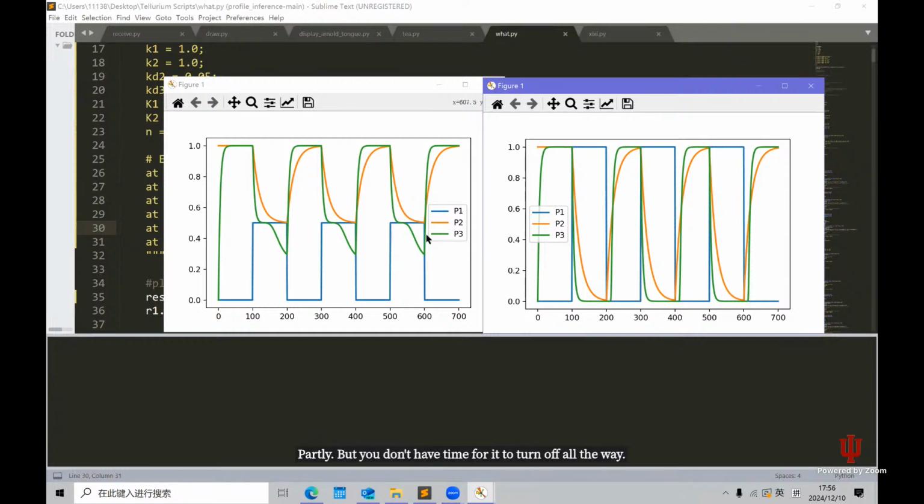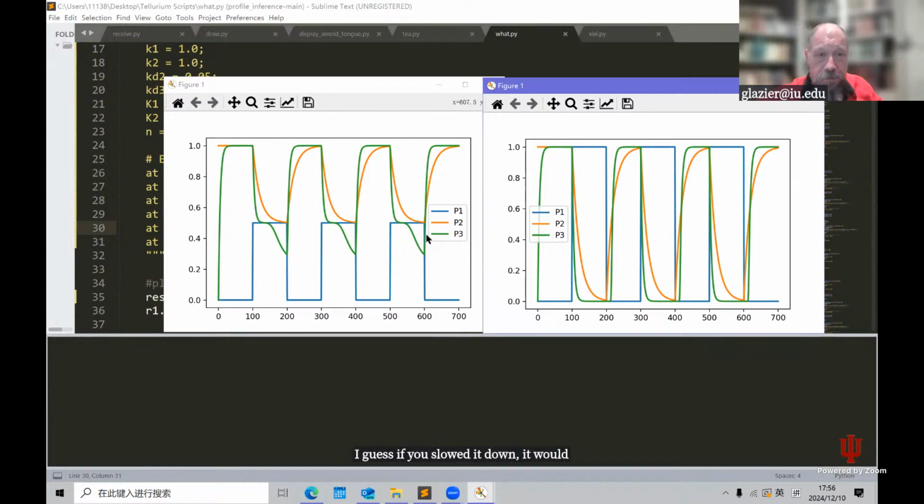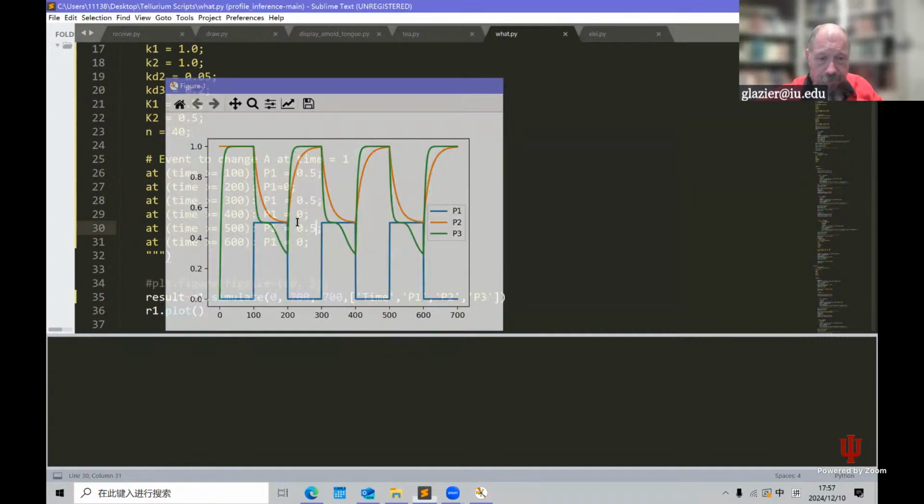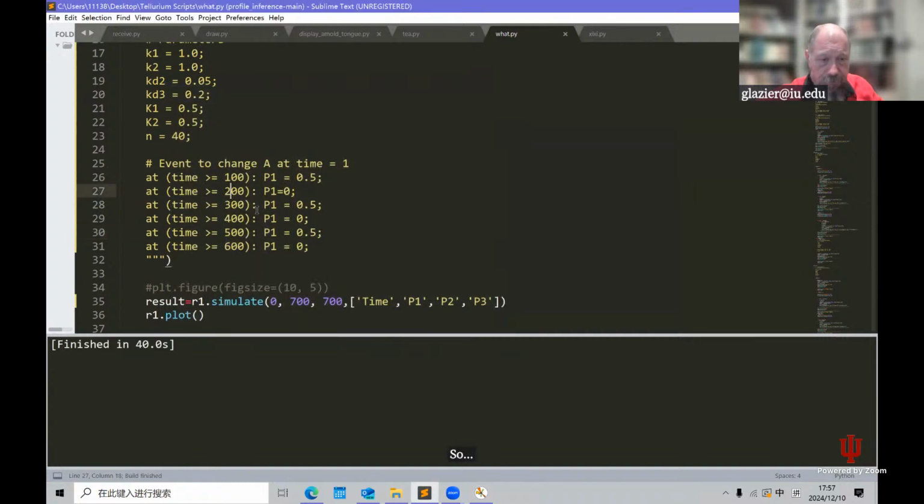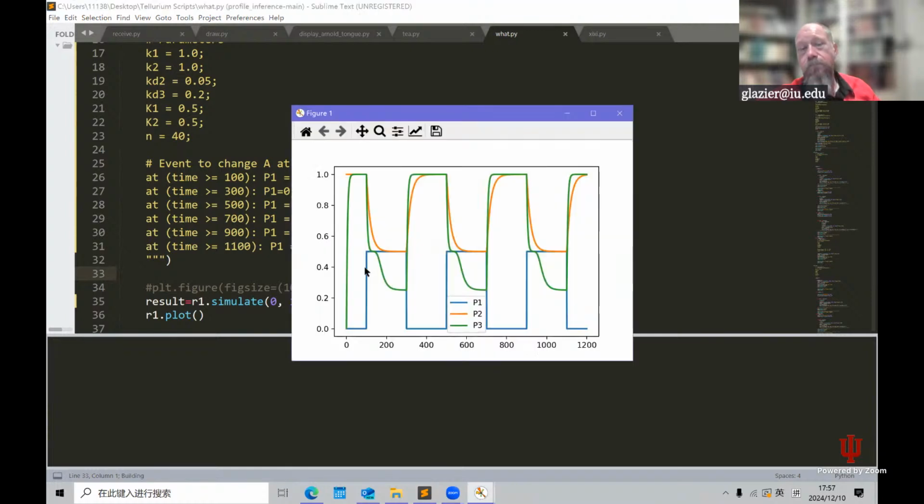I guess if you slowed it down, it would eventually turn off all the way. Well, it doesn't turn off completely. It almost turns off, but not quite.